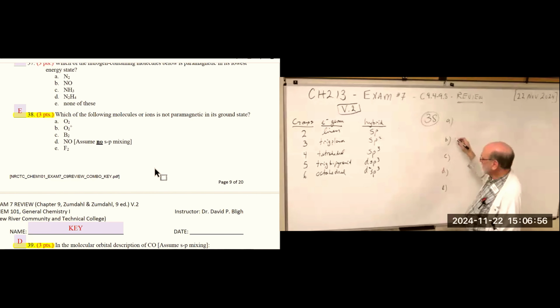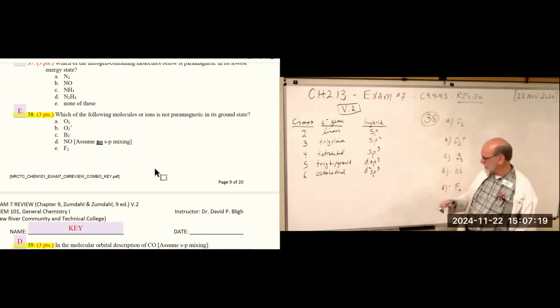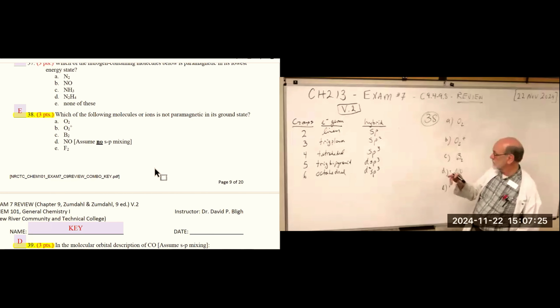Okay. A is O2 and O2 plus, and then B2, and then NO with no mixing, and F2. F2 has no mixing. B2 would be mixing, and O2 would be no mixing.